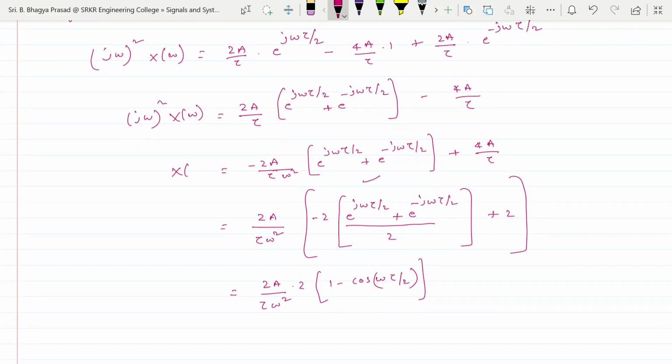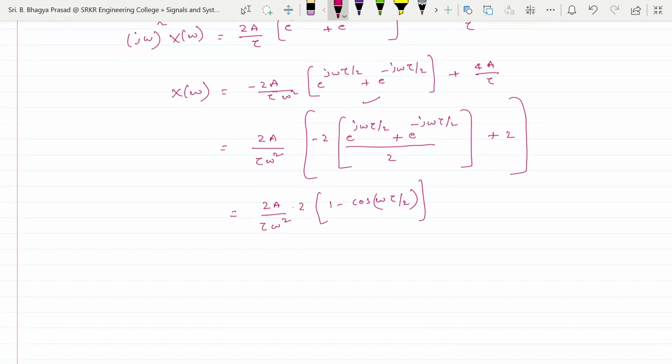This is X(ω). So now let us change this 1 minus cos(ωτ/2) to the sine terms. So 4a by tau ω squared, and this 1 minus cos(ωτ/2) will be 2 sine square(ωτ/4), you know this trigonometric identity.